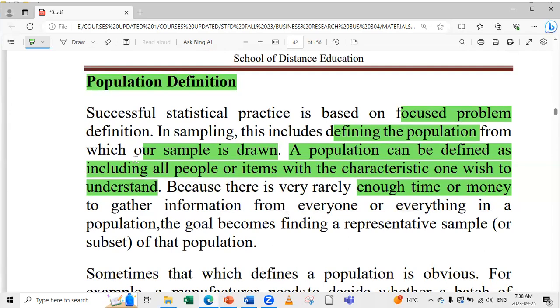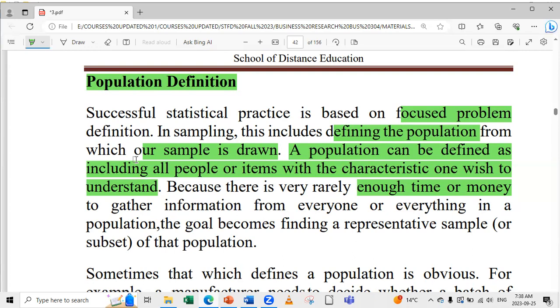Like I said again, if you are studying a phenomenon in a village, then the population is all the people who are living in this village. This is the population. Of course, it's very difficult to make the study on all the units of this village, or all the villagers.